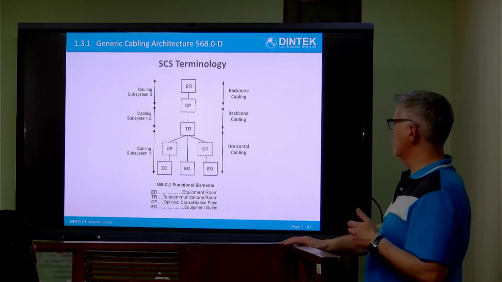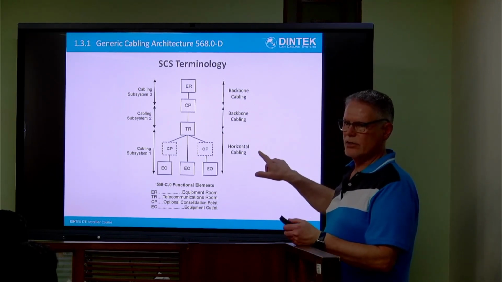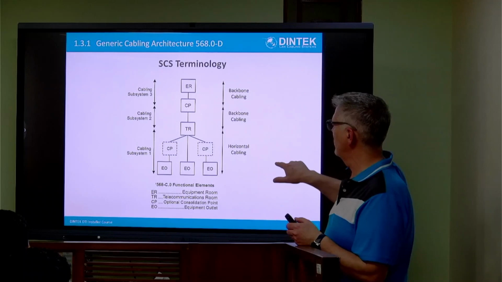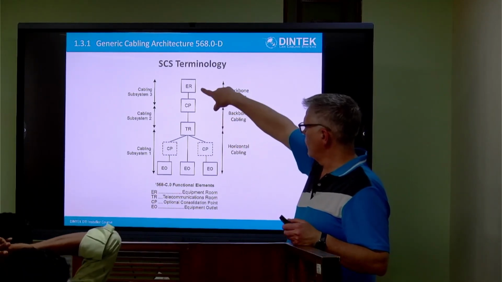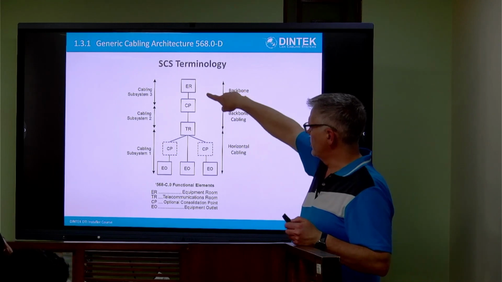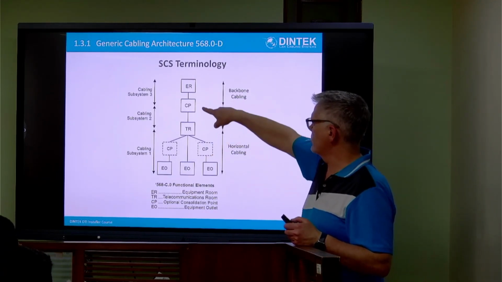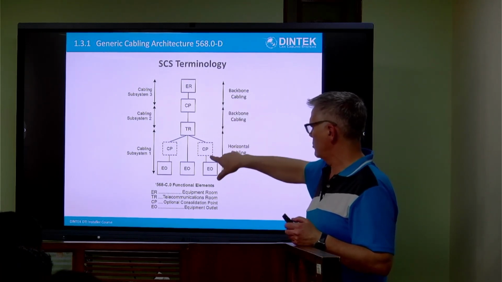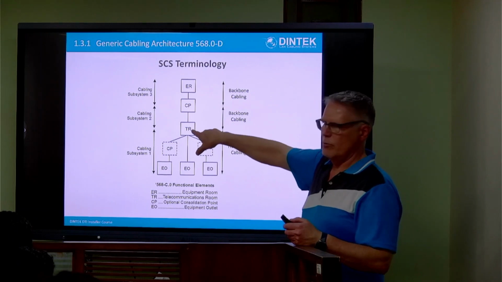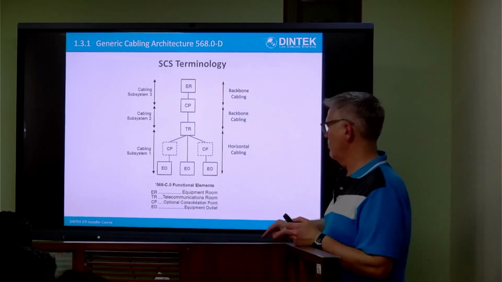In the standards, they have a graphical representation like this. So we have, let's say, our equipment rooms, which is essentially our building distributors. We have our consolidation points. We can have one in between there, we can have one in between there. Our communications rooms for floor distributors, and then our outlets.